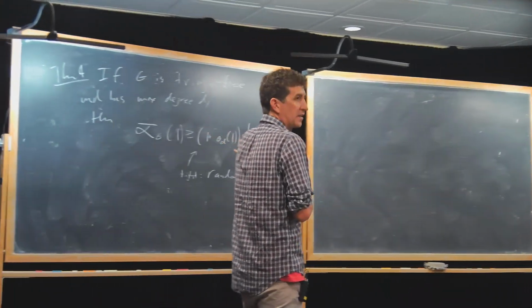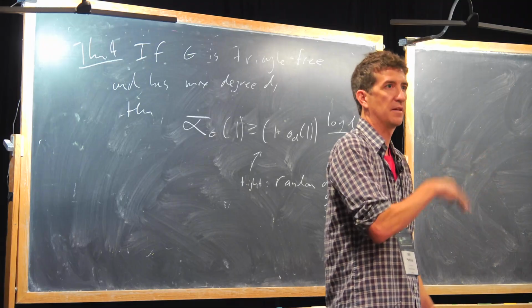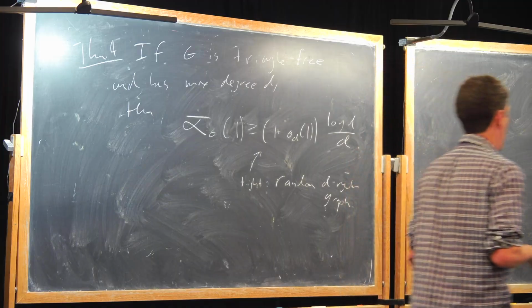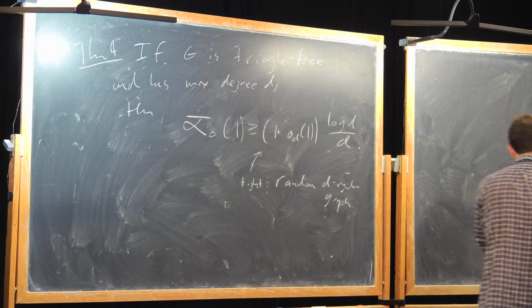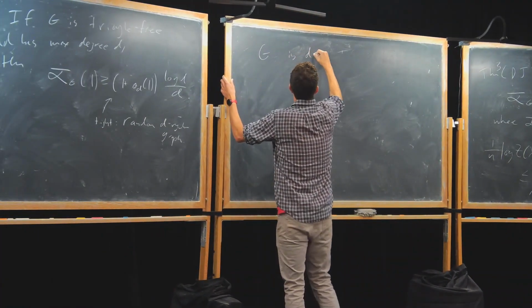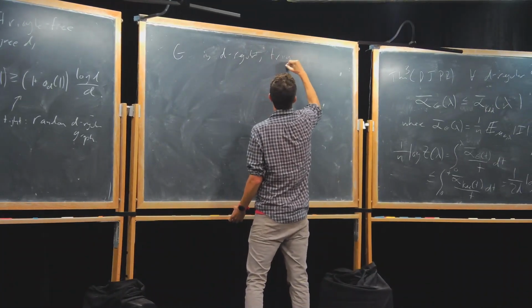Here it says max degree d, but it's an easy fix to go from regular to max degree. So G is d-regular and triangle free.